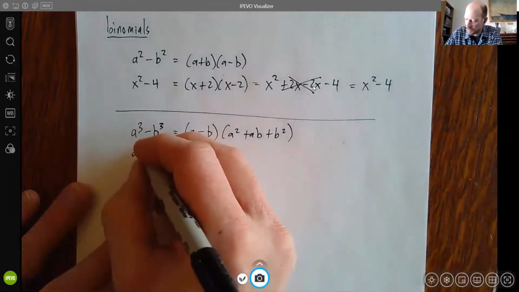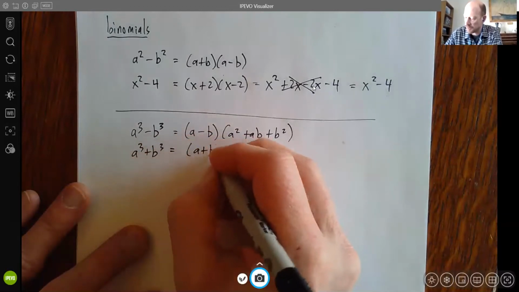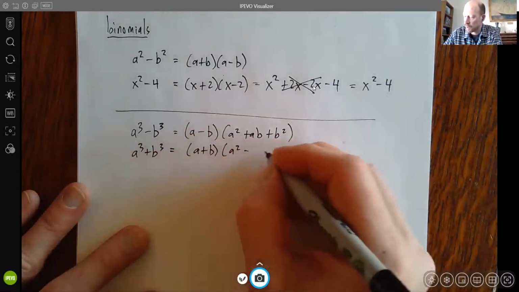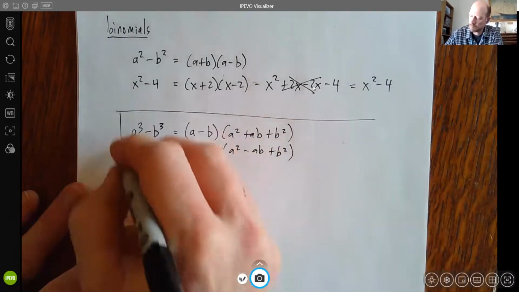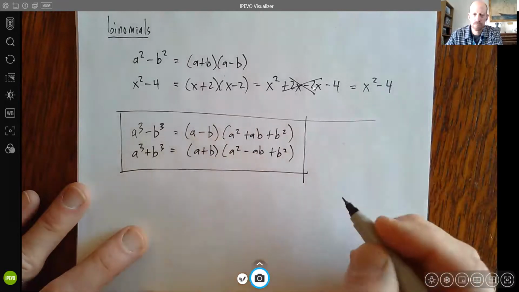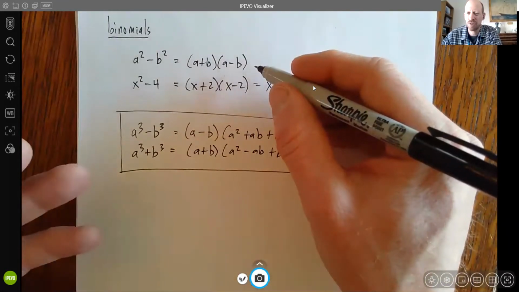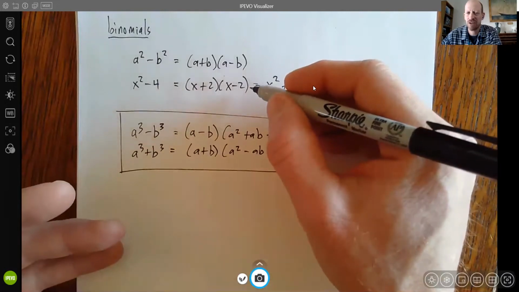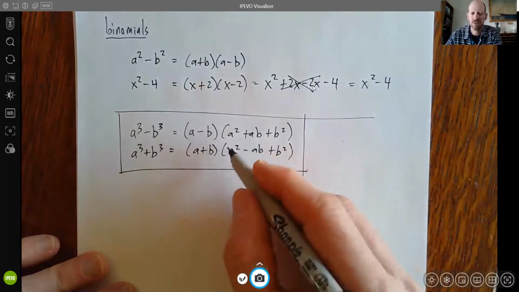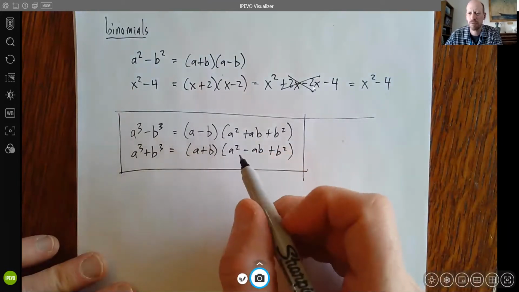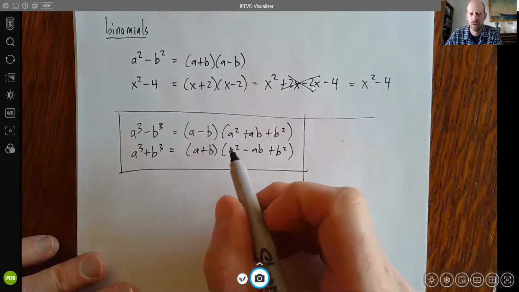And I'll write down the sum of cubes in the same way. A plus b, a squared minus ab plus b squared. This top one, normally people don't have to write down because you'll do enough of these that it'll be kind of second nature. But these cube ones, you can see they're very similar to each other and there's a lot more pieces. So it's much harder to remember those successfully.